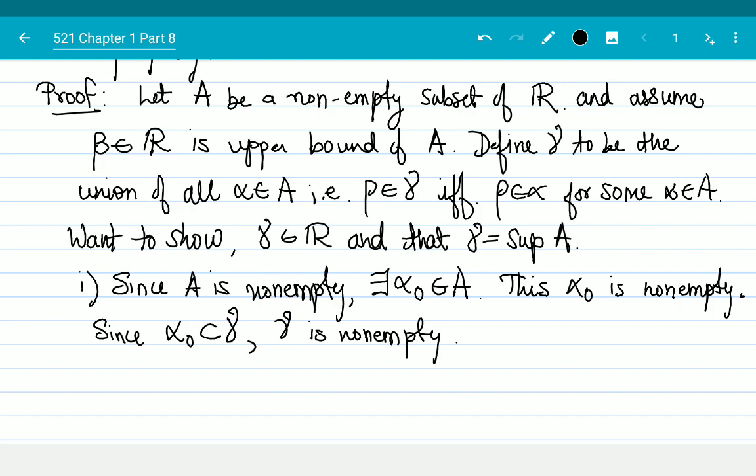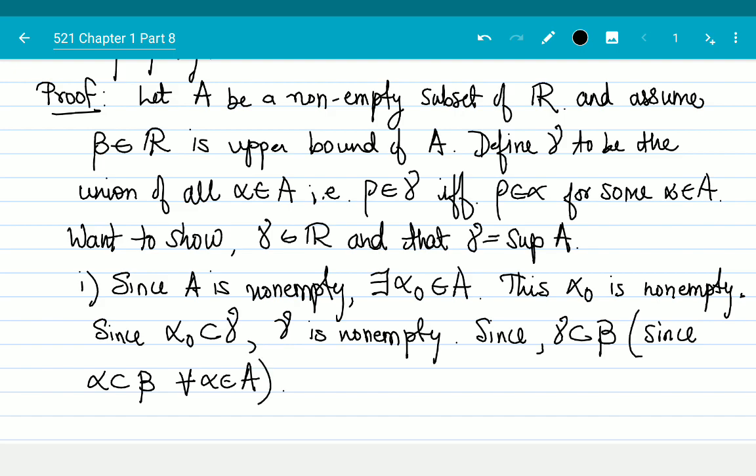That does not complete property 1, however, because we also need to show it's not Q. So next, since alpha is a subset of beta for every alpha in A, gamma is a subset of beta, and beta is not equal to Q, and beta is a proper subset of Q, right?